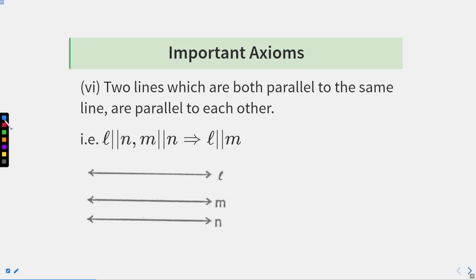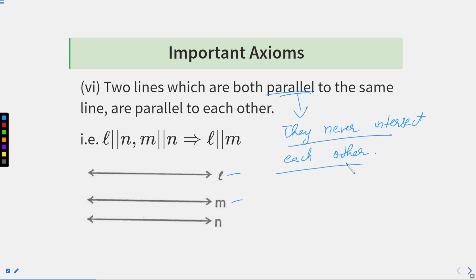Now the sixth axiom says two lines which are both parallel to the same line are parallel to each other. Let's say L and M both are parallel, meaning they never intersect each other. I am again and again repeating the definition of parallel lines so that you can easily remember or recall.